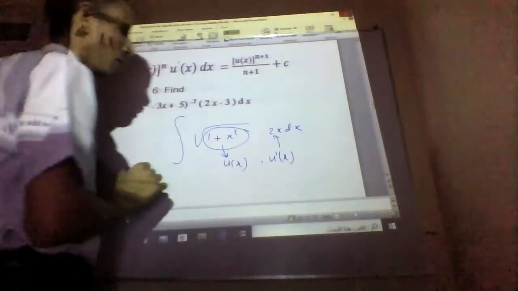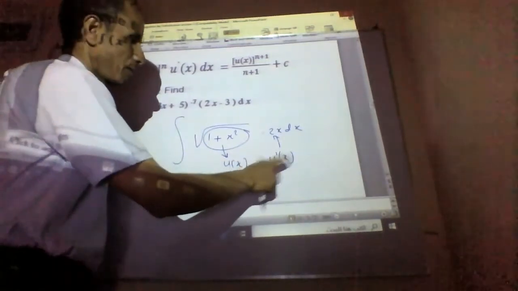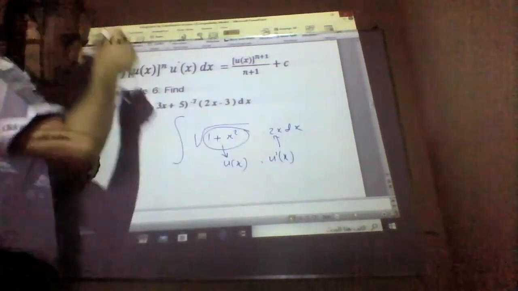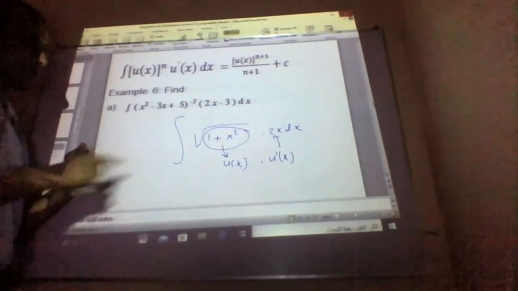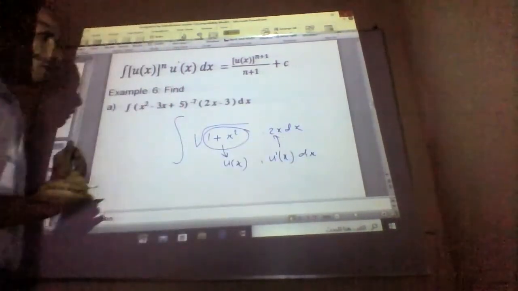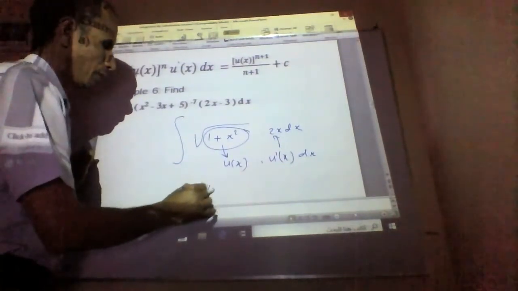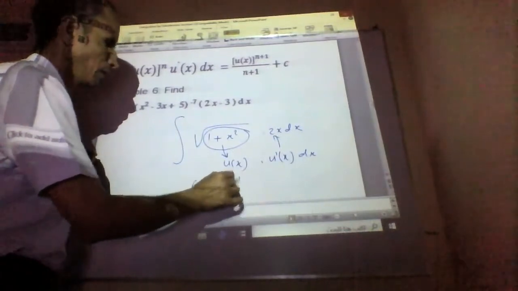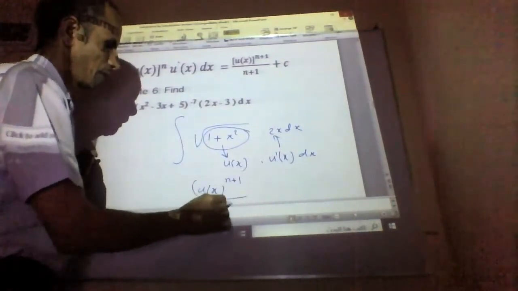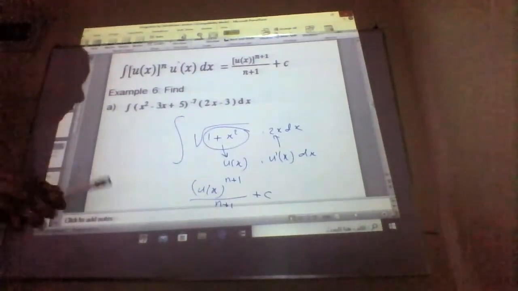So we have u of x, u dash of x, and the integration with respect to x. So the rule gives u of x power n plus 1 divided by n plus 1 plus constant.